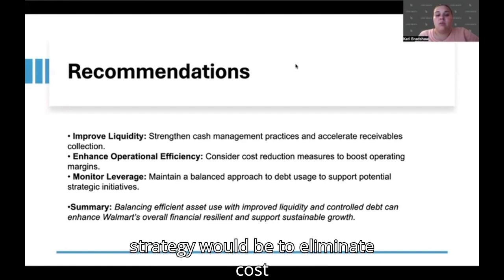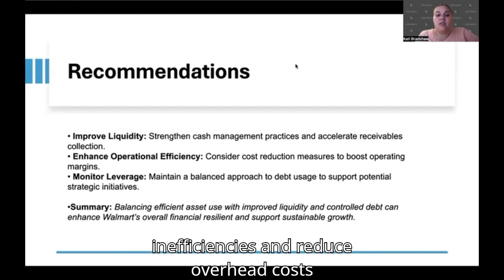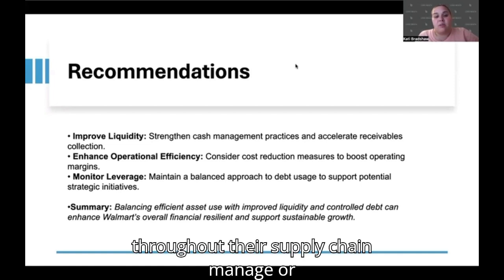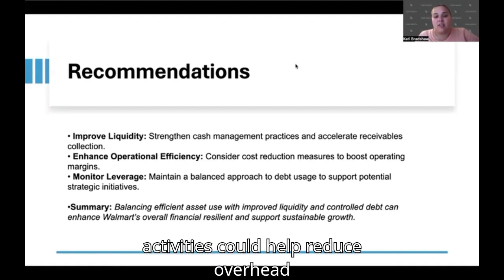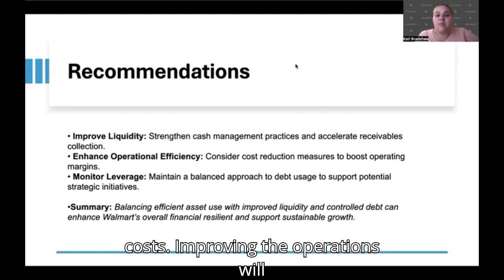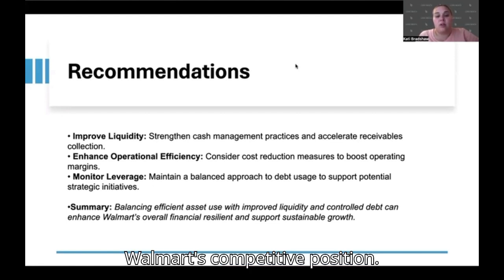One strategy would be to eliminate cost inefficiencies and reduce overhead costs throughout their supply chain process. Looking at automation of certain streamlined activities could help reduce overhead costs. Improving the operations will boost profitability and strengthen Walmart's competitive position.